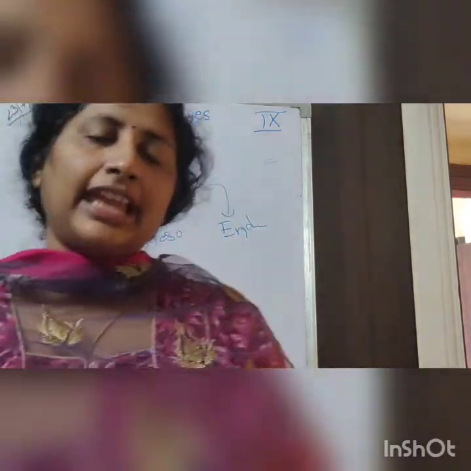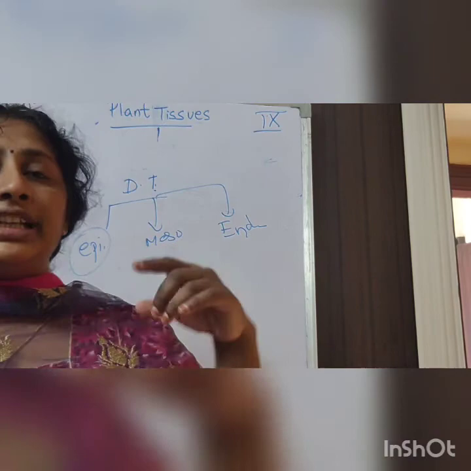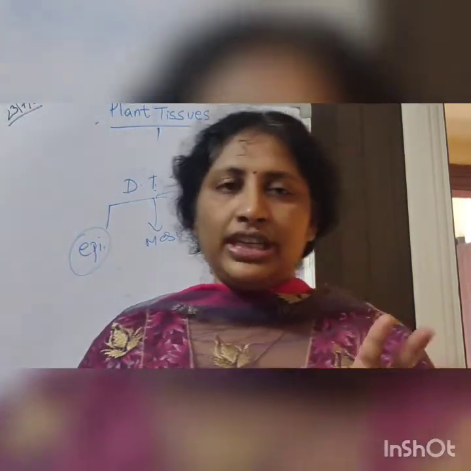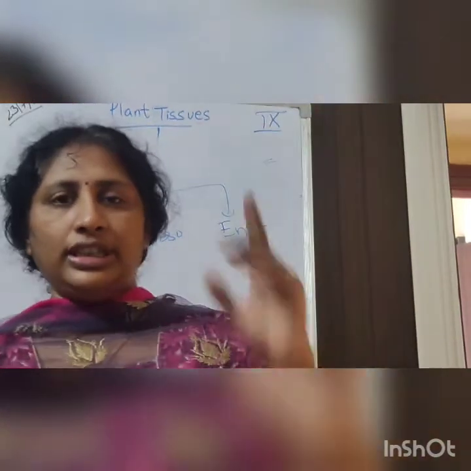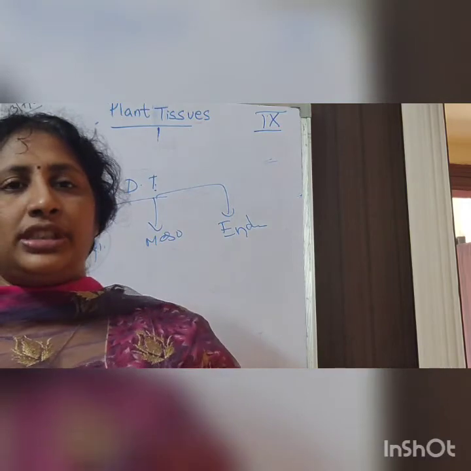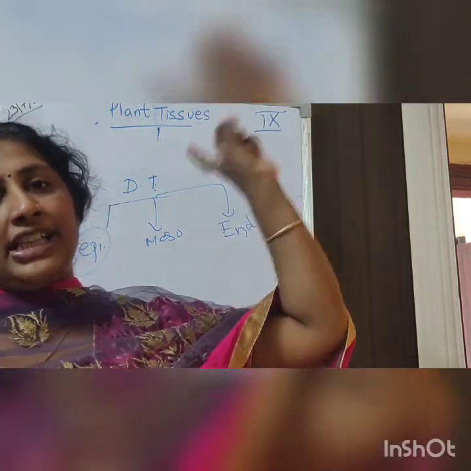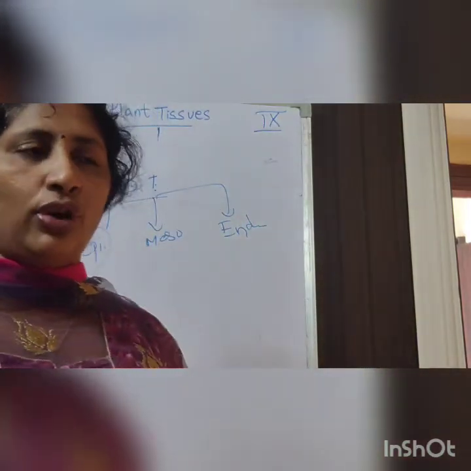In phloem, the direction is bidirectional. It may go up and down. But in xylem, it is unidirectional, only up from roots to leaves. But in phloem, it is bidirectional, from leaves to roots and from leaves to upper parts like flowers. So bidirectional transport is seen in phloem cells.